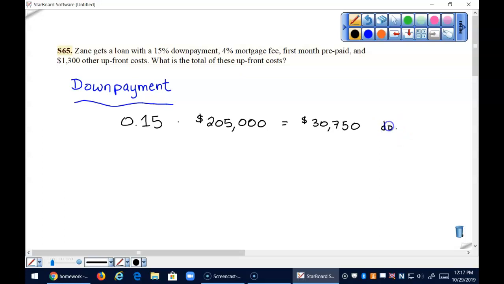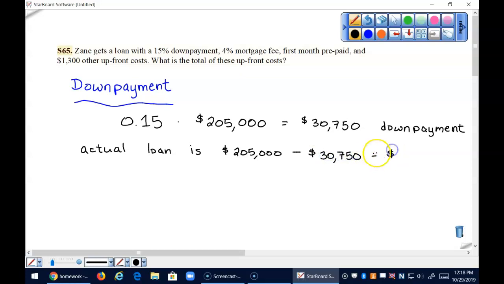So I will write the word down payment again. So then his actual loan, 174.